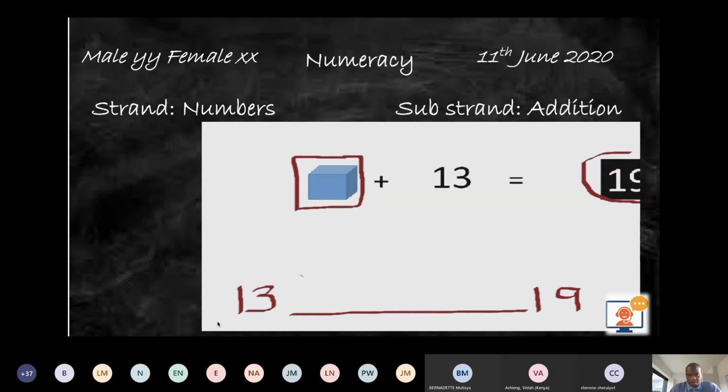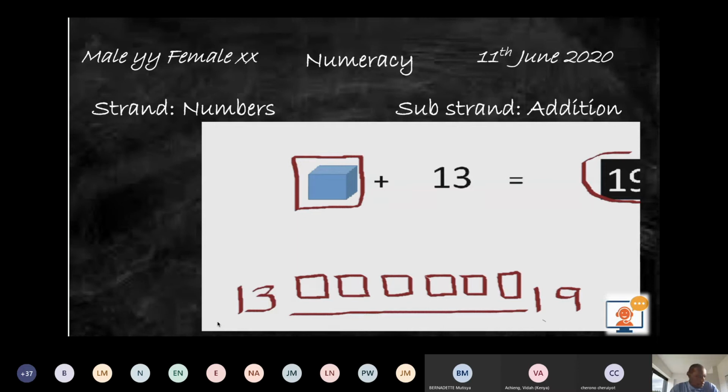We want to add from 13. So let's add together. That should be the 14th one. 15, 16, 17, 18, 19.